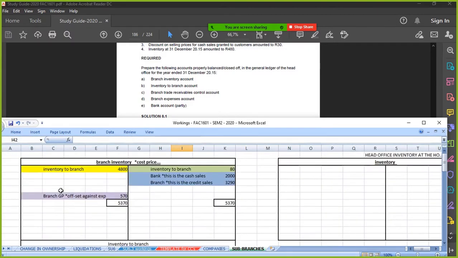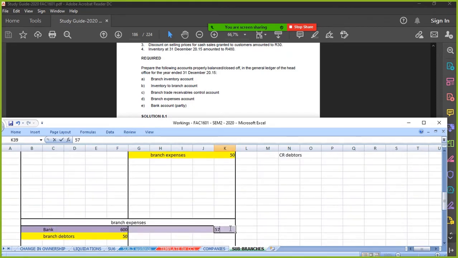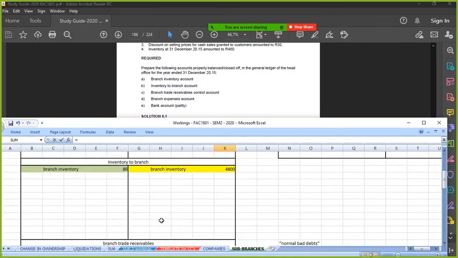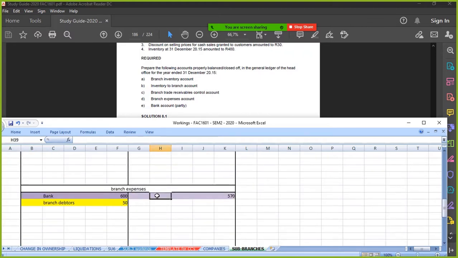Same color. I'm not going to change, I'll leave it as 570. Let me reference it. Where did it come from? Branch inventory. So the branch inventory account is going to show that.